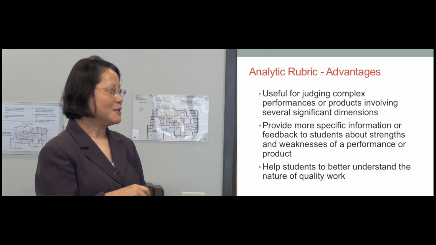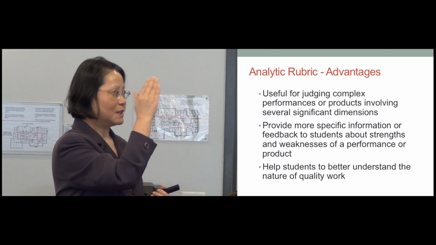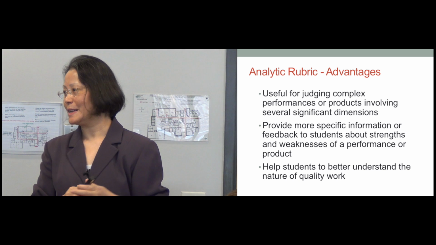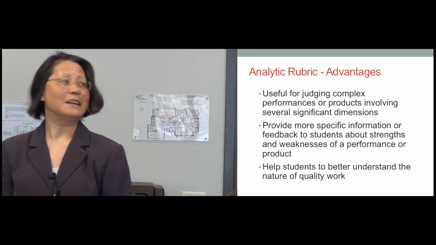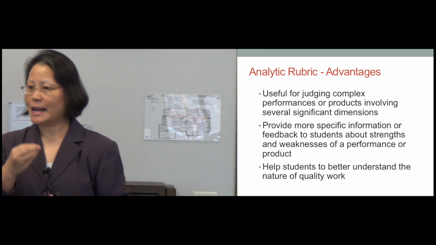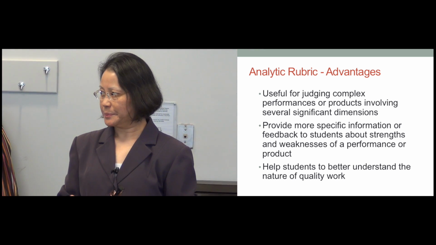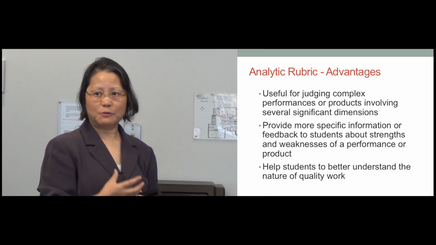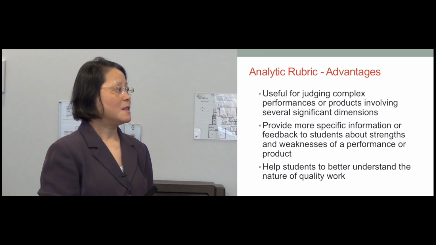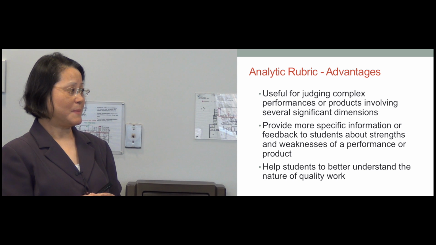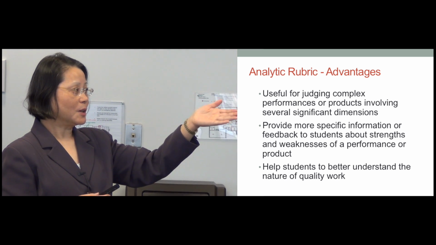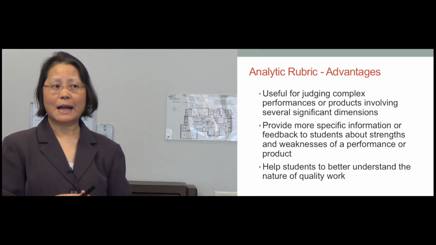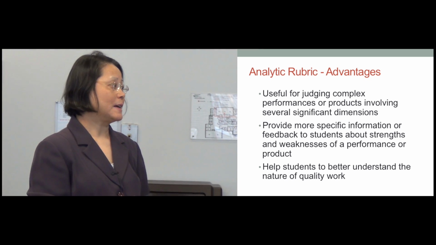Like one student may receive all 2 except they receive 1 for, let's say, tone quality, unpleasing. Then the student knows this is the area I need to improve. Another student received 2 for holistic scoring and meets all the criteria except dynamic control, so for dynamic control may receive level 1.